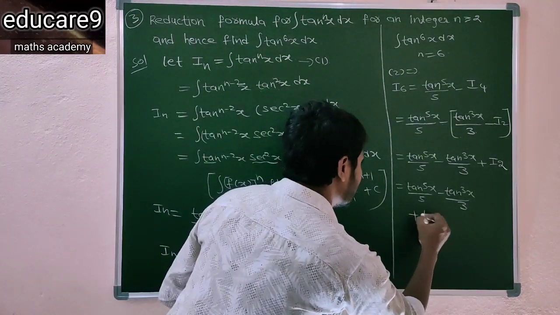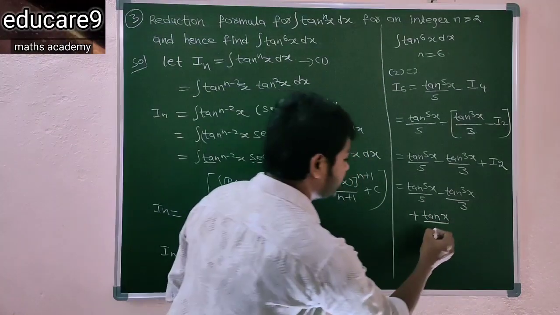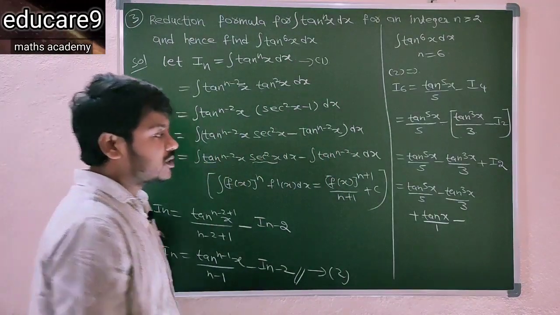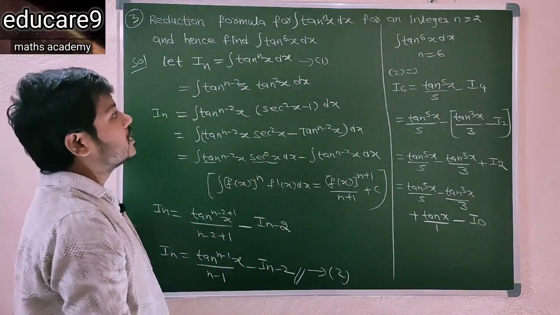You will get tan x by (2-1), which is 1 only, minus I_(2-2). So we will get I_0. Okay, so substitute here.